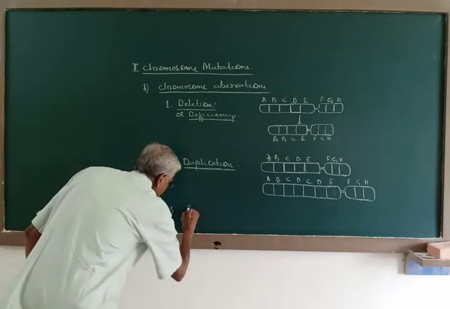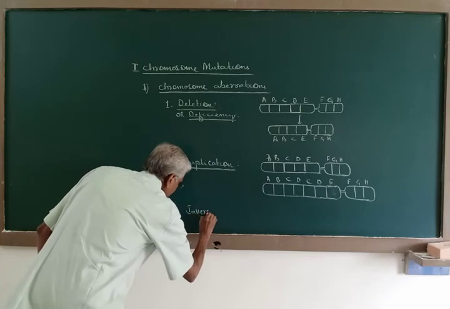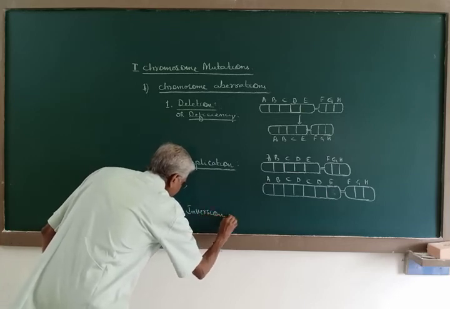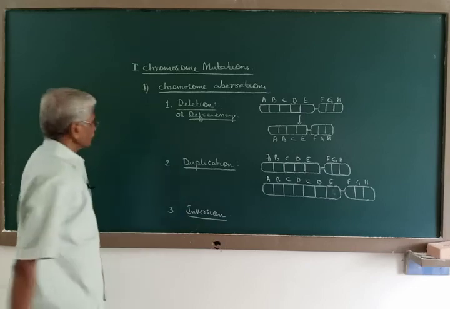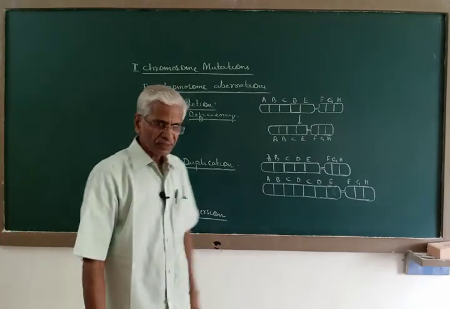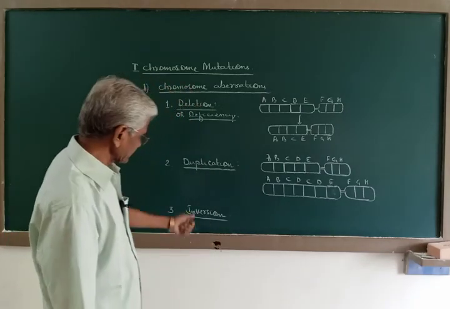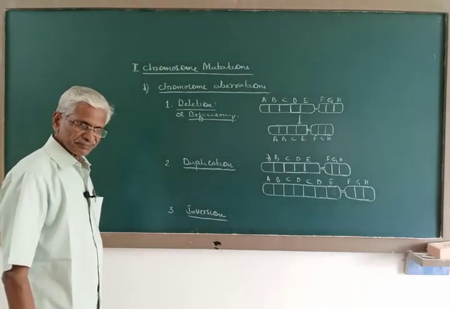Now, one more is inversion. One more type of chromosome aberration is inversion.